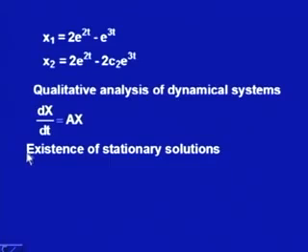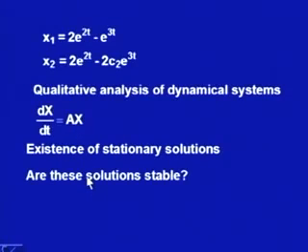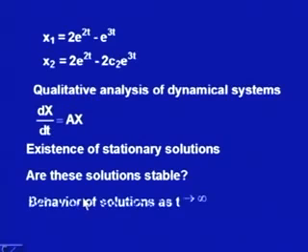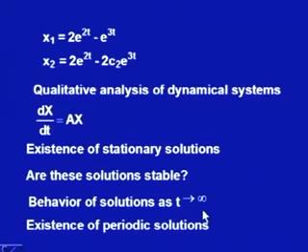That means, does the system have stationary solutions, or we may like to know, are these solutions stable. So, if the stationary solutions exist, are they stable, or what is the behavior of solutions as t tends to infinity, and is there any possibility that this system has periodic solutions.